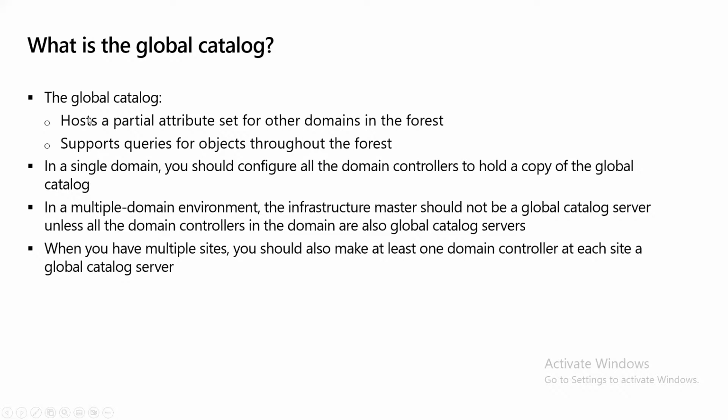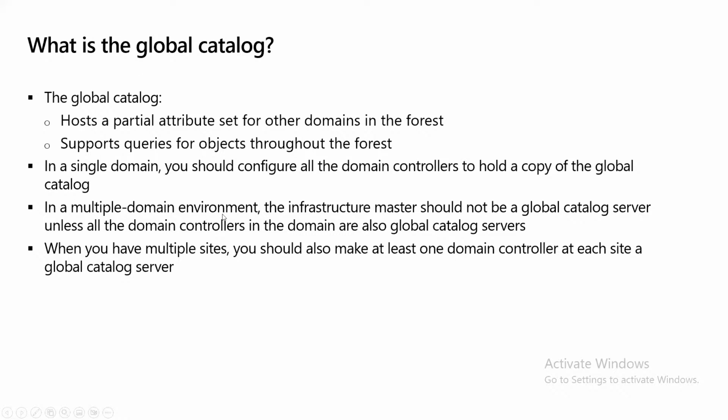Okay, so it hosts partial information which is in other domains in the forest. So what's the purpose? For easier searching, for fast searching. In a single domain, you should configure all DCs to hold a copy of the global catalog for faster response time.